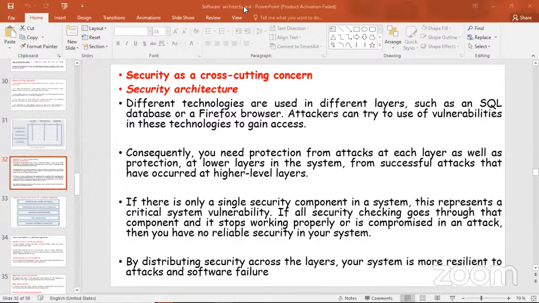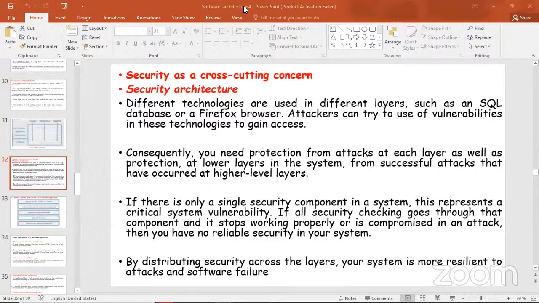Attackers can try to use the vulnerabilities in these technologies to gain access, right? Consequently, you need protection from attacks at each layer as well as protection at lower layers in the system from successful attacks that have occurred at higher layers.